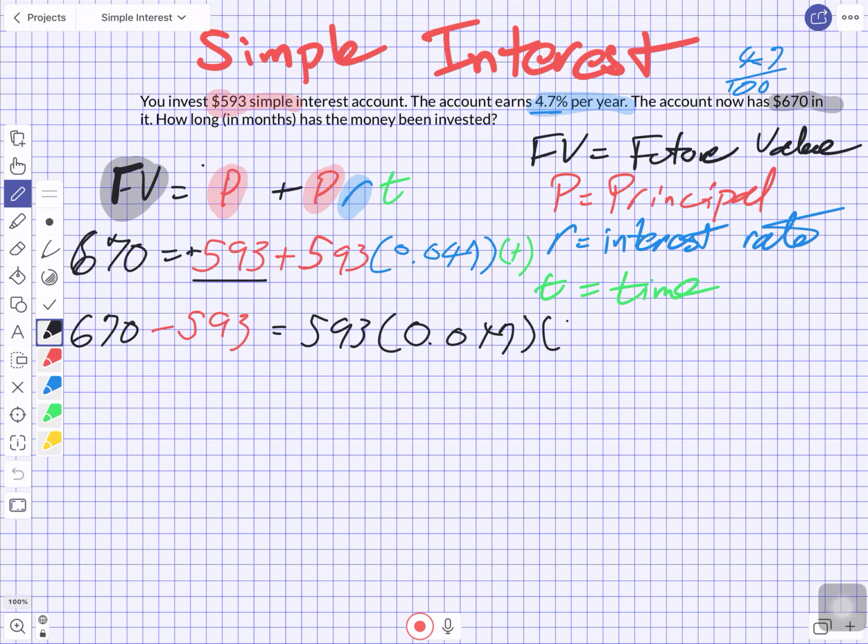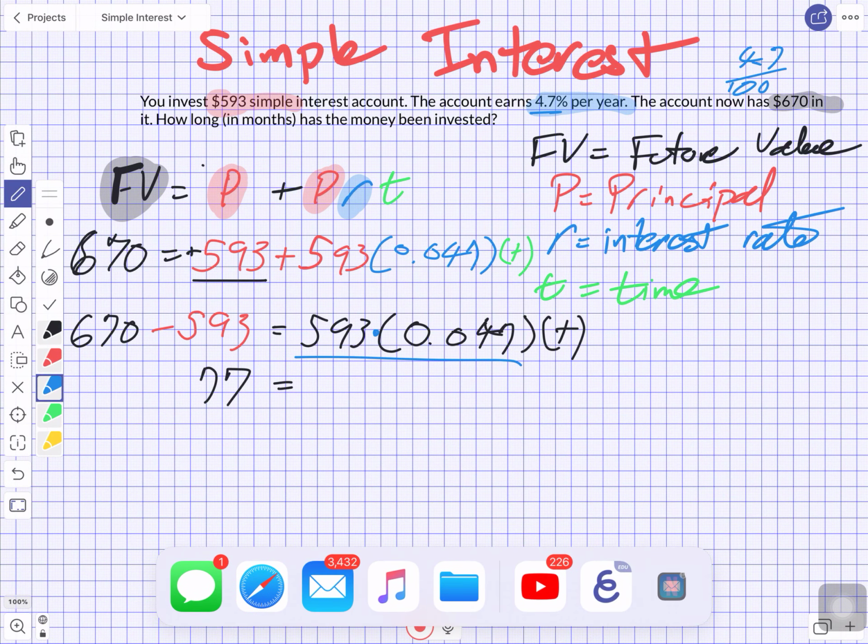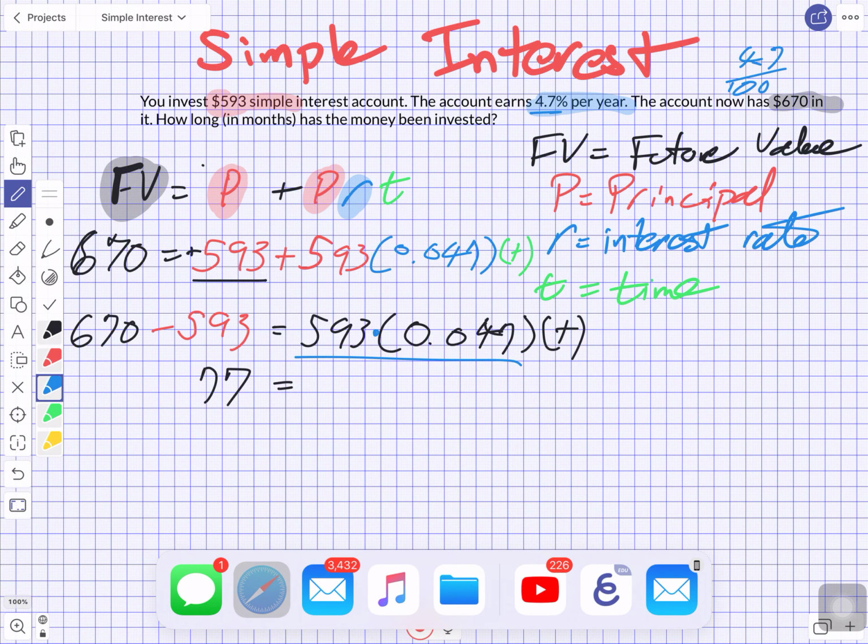So we have 77 is equal to. Since this is multiplication, we can figure out this value by just multiplying the two values. So we'll bring out our calculator again. Sorry, it's going quite slow. Okay, refresh our calculator.